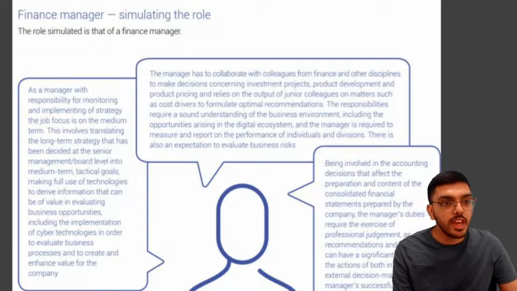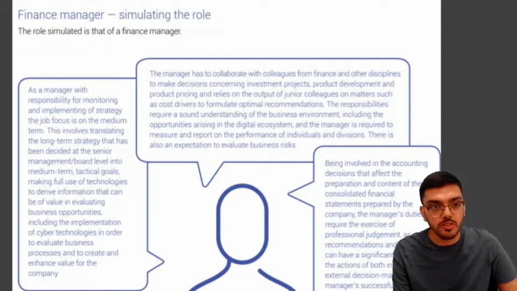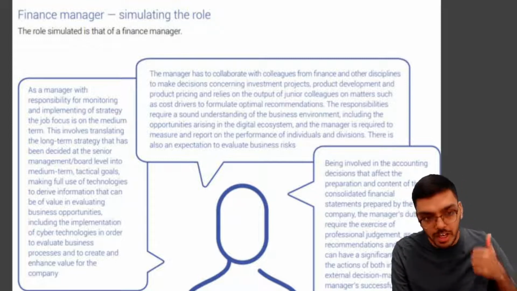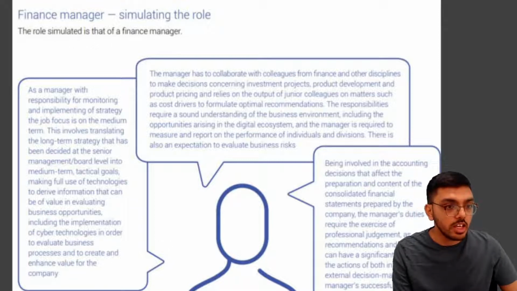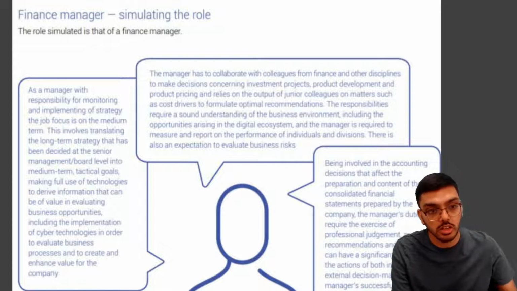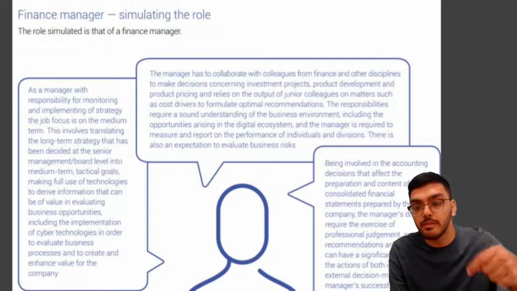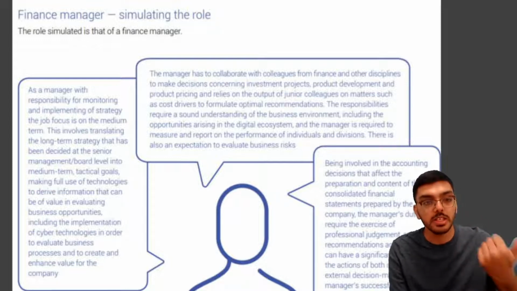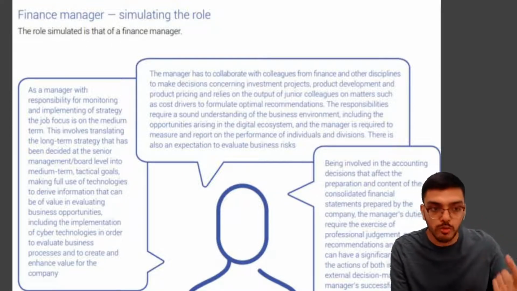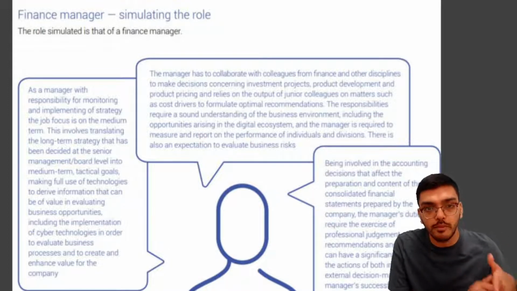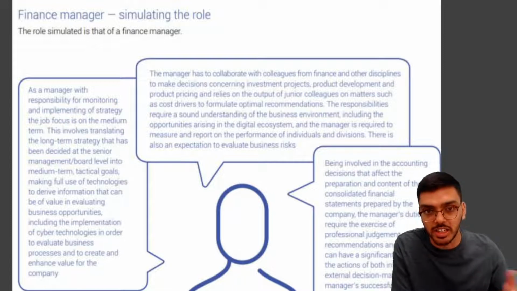CIMA says that a finance manager is responsible for monitoring and implementing strategy in the medium term. So, strategy management. Then they say he is also involved with helping long-term strategic goals which derive value and business opportunities. So, value analysis, business analysis. He's also involved in cyber technology implementation, so the use of data, the use of technology.